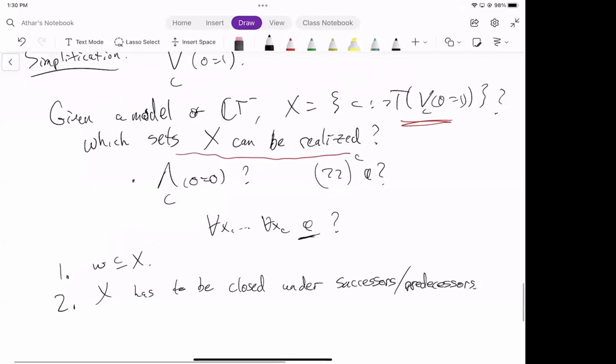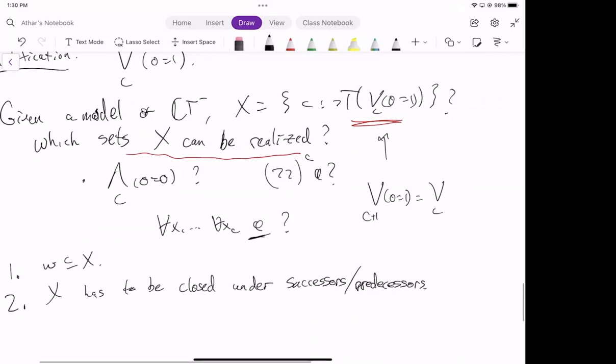That comes from essentially the definition of our long disjunction as this thing.